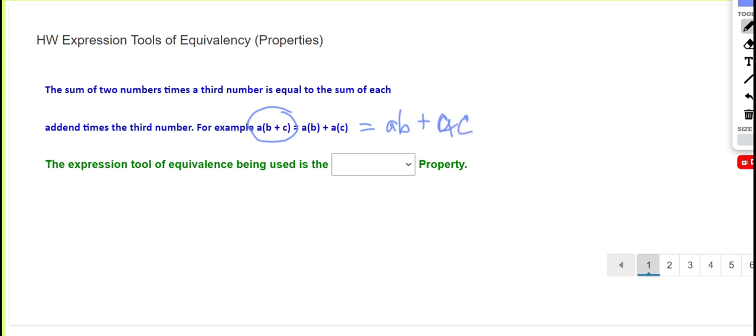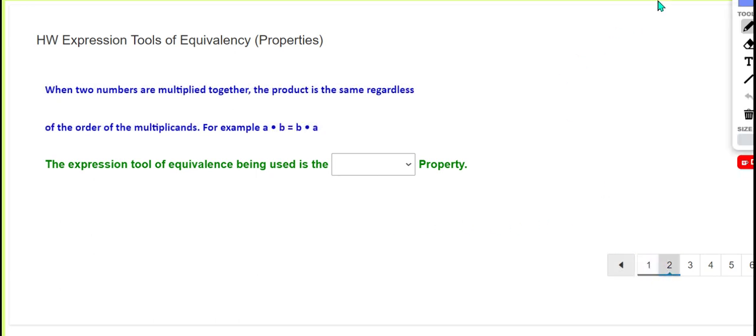The property where we distribute a factor is the distributive property. Distributing a factor through the parentheses is one of the ways we can show equivalency in expressions.